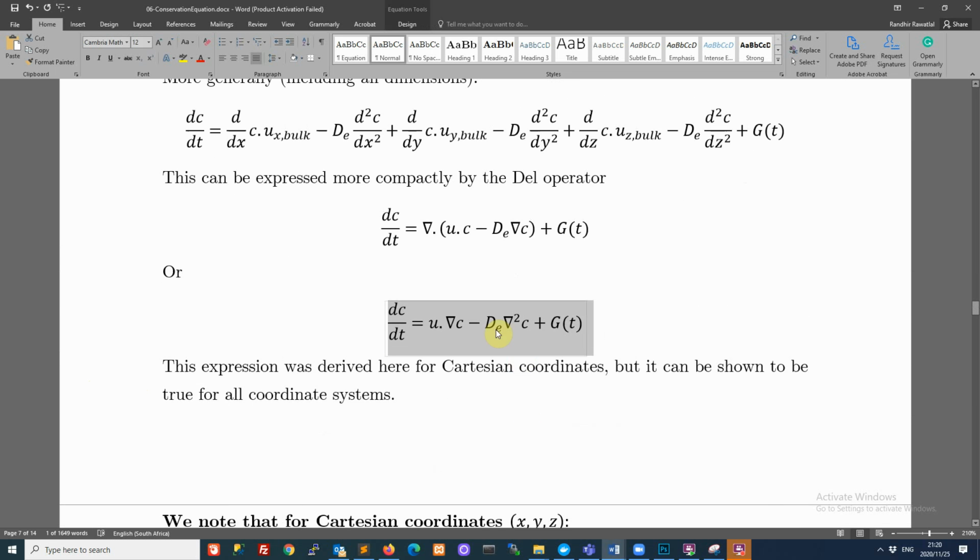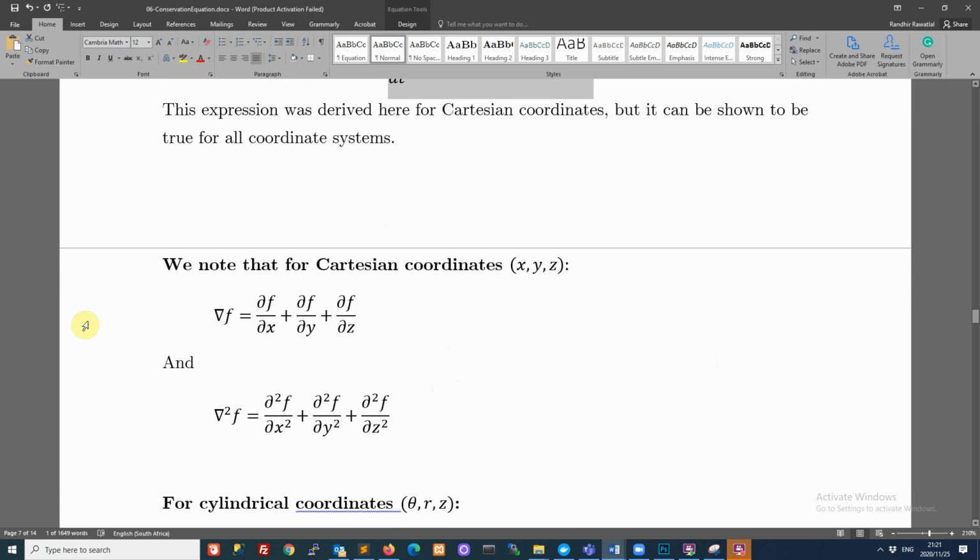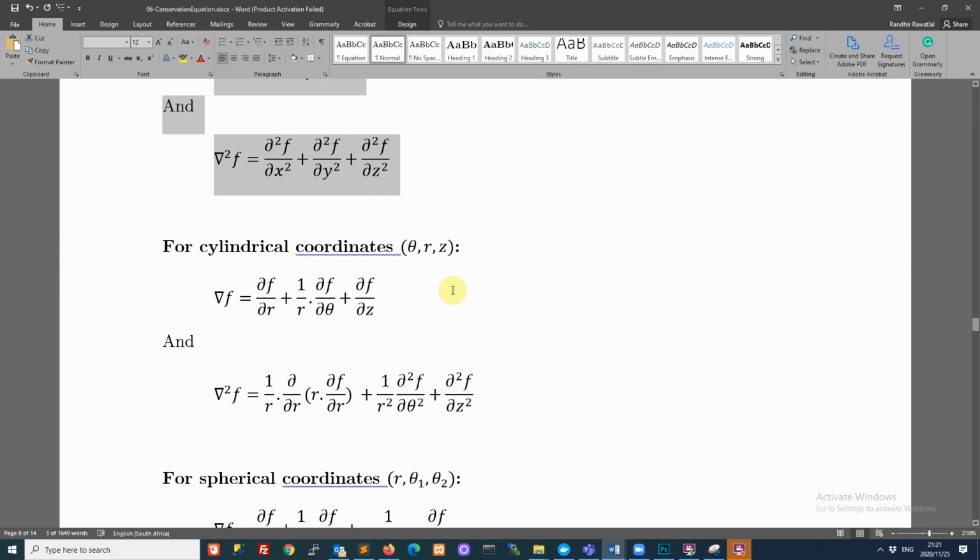And the great advantage of recognizing a del operator is that it becomes agnostic to our coordinate system, because we can define del for any coordinate system. So far we've been talking about the del operator for the Cartesian coordinates in x, y, and z, but we could also determine the del operator for cylindrical coordinates.